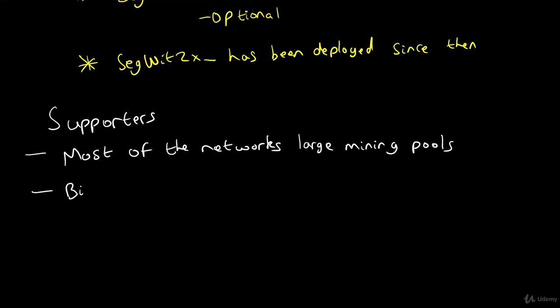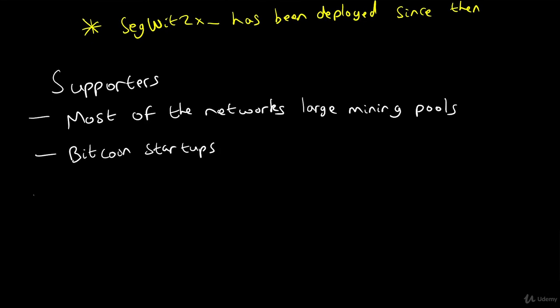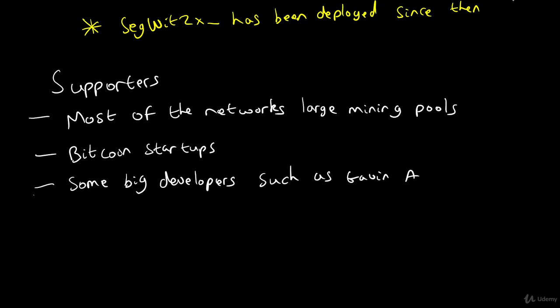A lot of Bitcoin startups, because ultimately it helps their lives, because they've got plenty to deal with just from a business perspective, forgetting about the actual technology of Bitcoin, so it helps them. And some big developers have also advocated, such as Gavin Andresen, who is a former Bitcoin Core developer, so he's quite a major developer.